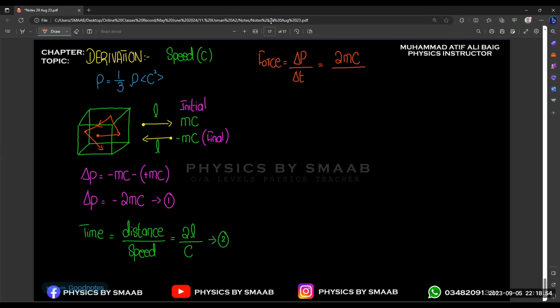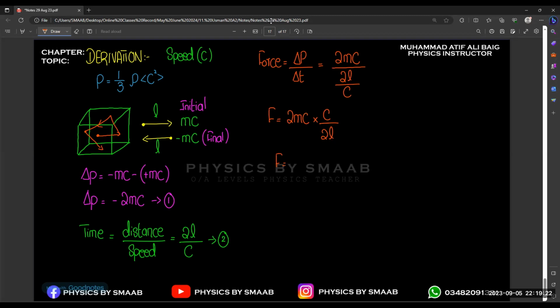Okay. And the value of delta t is 2l over c. Combining the values, what will you get in the final answer? Your force will be equal to, the value will be flipped over there and c will multiply with c to cancel out each other.